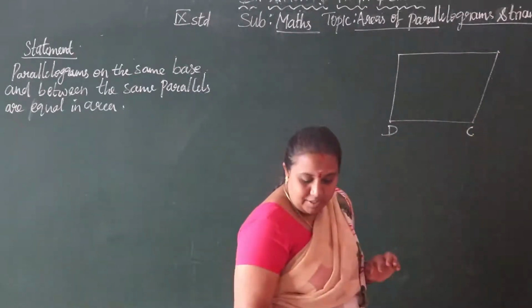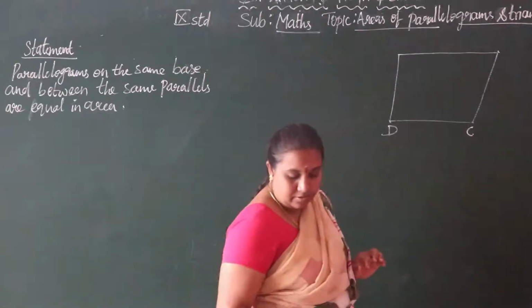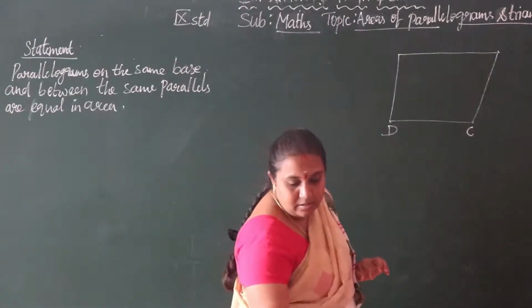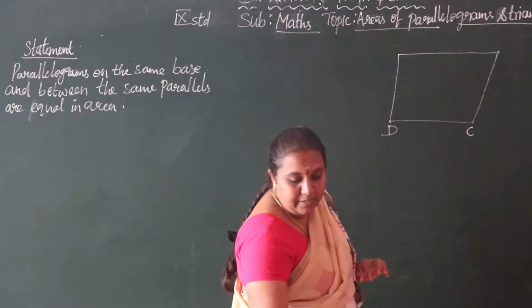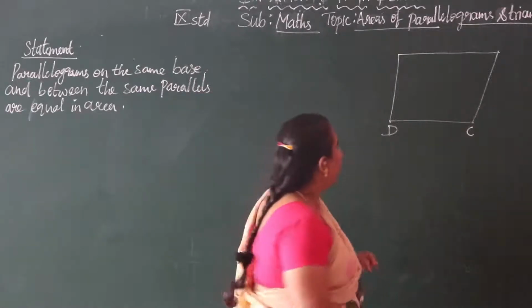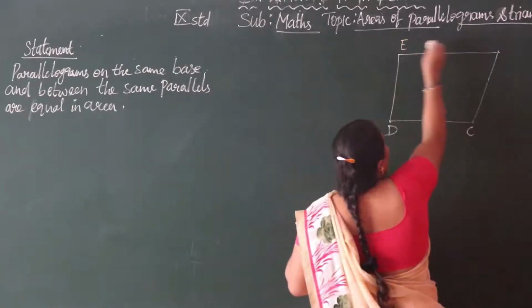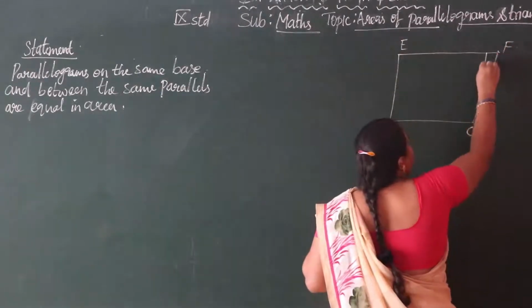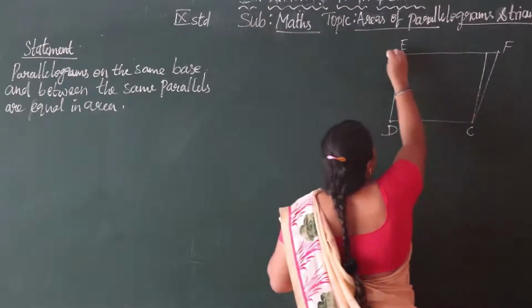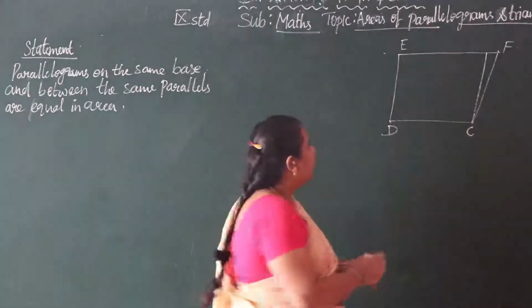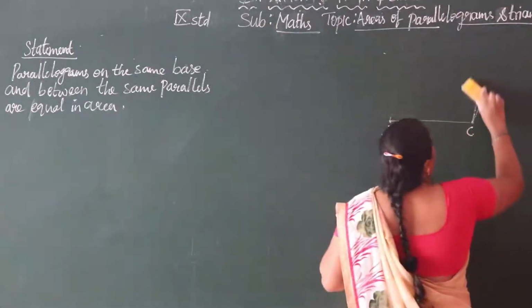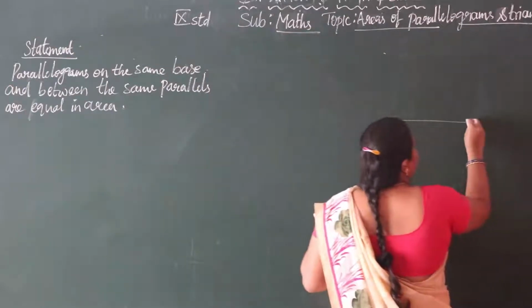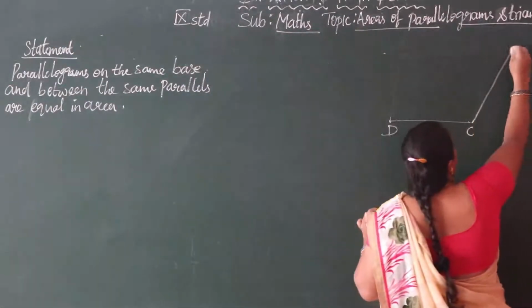So we have E, that is ADE and BCF, so EF. Like this we have another parallelogram. Once again I can draw here, from C we have like this.